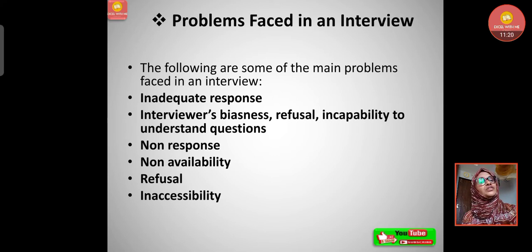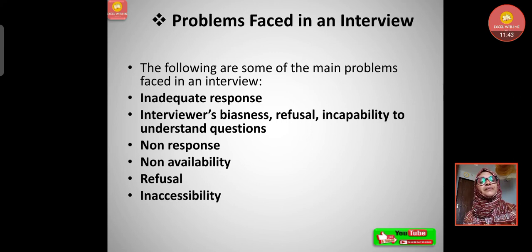Then response of the respondent, also a big problem. Then non-availability. If the researcher goes to the respondent and the respondent is not available at that time, that's also one big problem faced. Then refusal. If the respondent is refusing to give the answer or take the interview, then also it is not helpful.